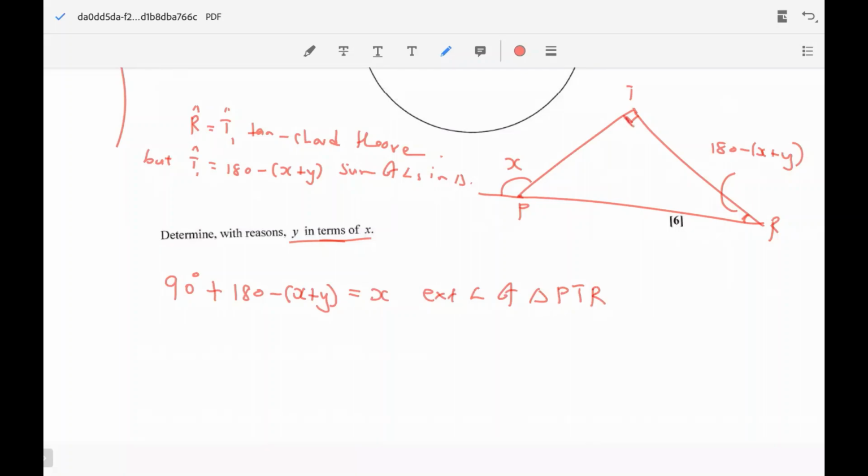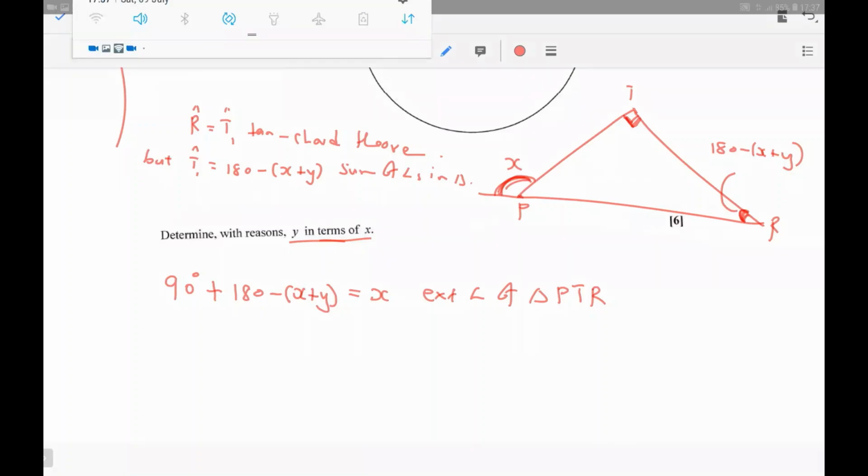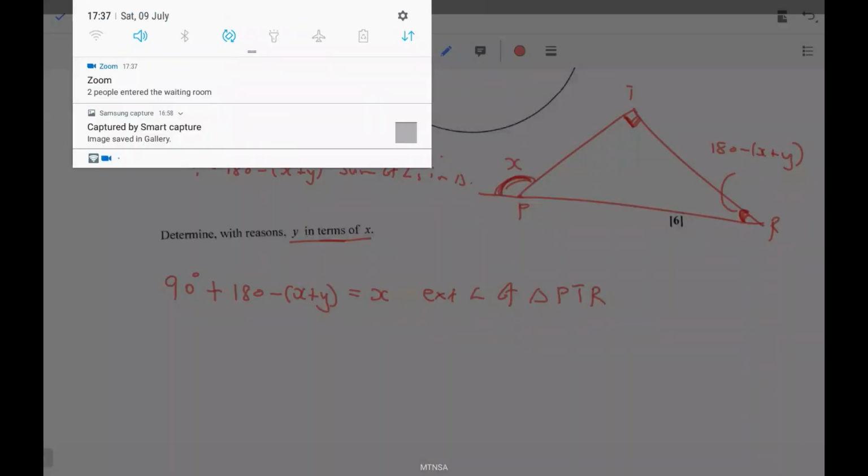The 90 degrees at T plus our angle R should equal angle x, which is the exterior angle. And now we have managed to create an equation in terms of x and y.